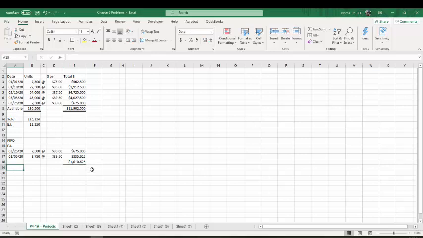So what does that give us for cost of goods sold? Well, we know that we had 11,902,500 of total goods available for sale. We have still in ending inventory 1,010,675. So the difference is cost of goods sold.